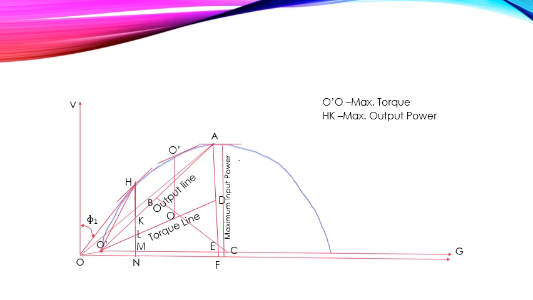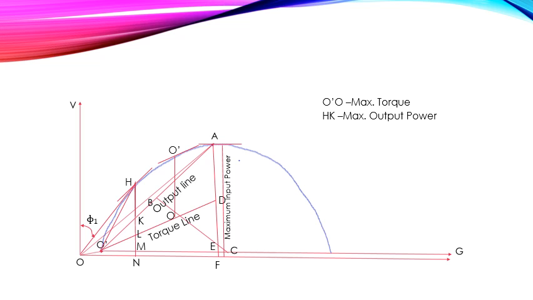Then at an angle phi 1, draw or join OH. So to get the point H, draw a line parallel to O dash A, that is the output line, that also represents the rotor current referred to the primary side, that is I1 dash, right?